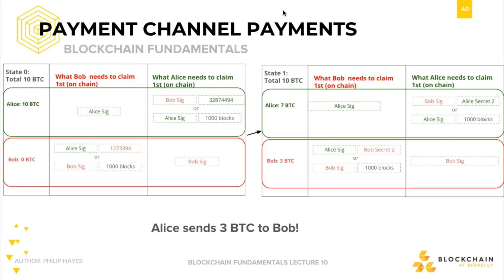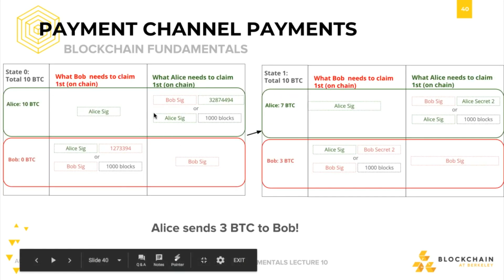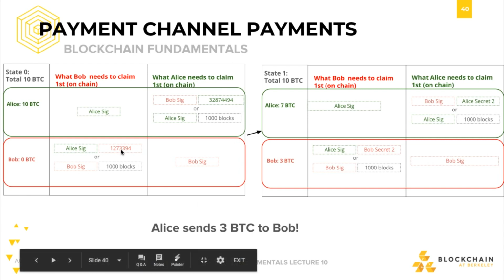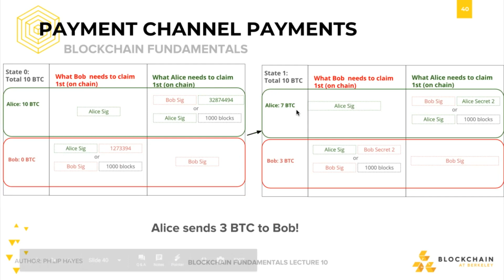So, in state 0, if you recall, Alice and Bob both had a secret key. But once they reach state 1, Alice reveals her secret key to Bob, and Bob reveals his secret to Alice. So now, Alice decides to send 3 Bitcoin to Bob. That means Alice now has 7 Bitcoin and Bob has 3.